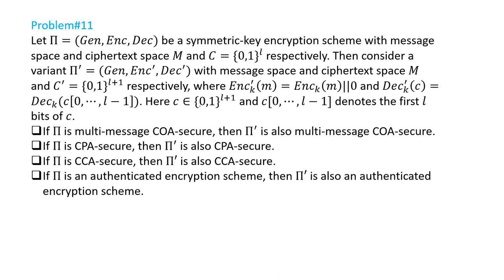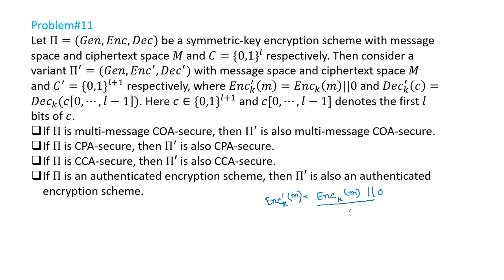Now Enc dash k of m is equal to Enc k of m concatenated with a single 0, and decryption occurs in this manner. It just takes the first L bits of the ciphertext, discards the last bit, and then applies the same decryption algorithm of the scheme pi. So in the modified scheme, you run the original encryption algorithm with message m and key k, and then just put an extra 0 to it to get the ciphertext.